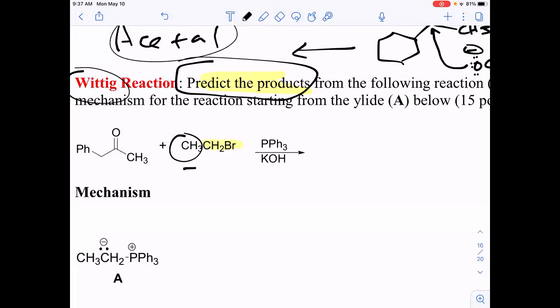If you subtract out HBr, what I'm left with is CH3, CH. And this is the carbon right here that's going to replace oxygen and convert that ketone that we have into an alkene. Right, so the product is going to look like this.